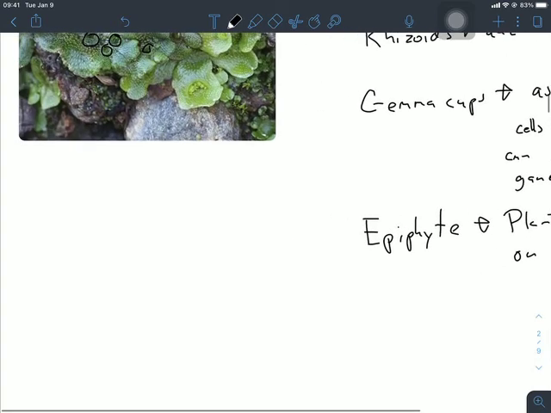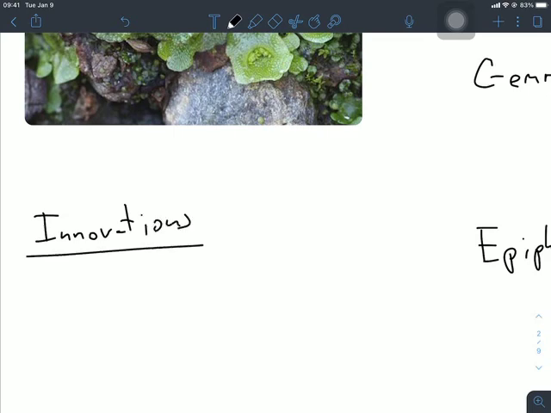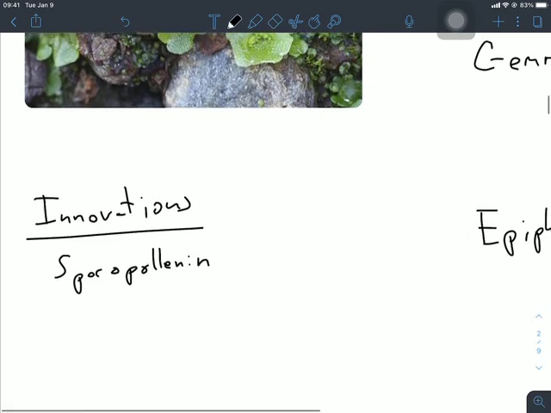Now, to put all of those innovations in one place, we'll again address some of the innovations that we see in our bryophytes. Of course, sporopollenin is one of the major ones in terms of helping prevent our spores from drying out.